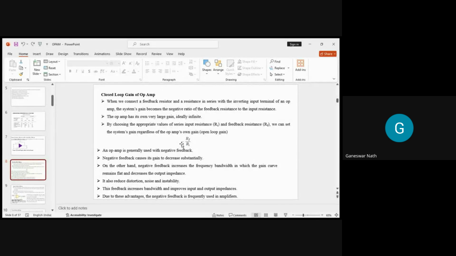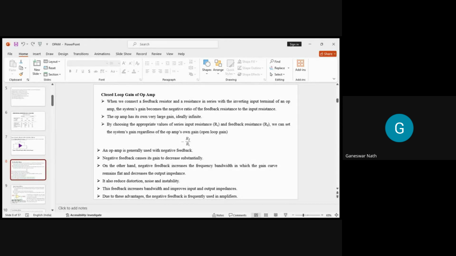Okay, and the op-amp is generally used with negative feedback, not with positive feedback. Negative feedback causes its gain to decrease substantially. On the other hand, negative feedback increases the frequency bandwidth in which the gain curve remains flat and decreases the output impedance. It also reduces distortion, noise and instability.